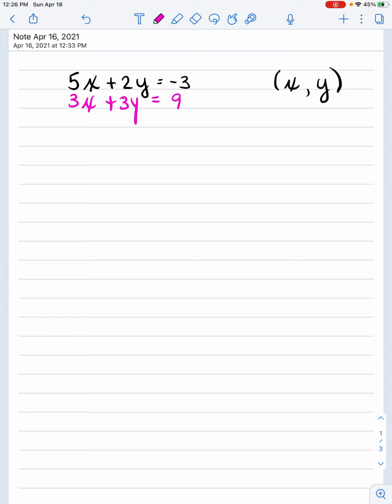So in the first set of equations, I'm going to look at the x, and I want to cancel out the x. If you see, I have coefficients of 5 and 3, and so my least common multiple is going to be 15. So I have to get both of these coefficients to be either 15 or negative 15. First, I'm going to multiply this first equation by 3 to get 15.